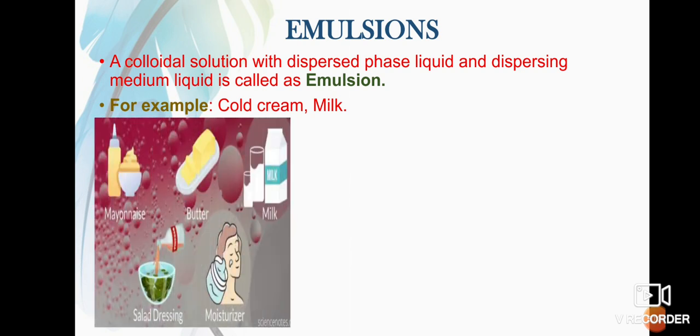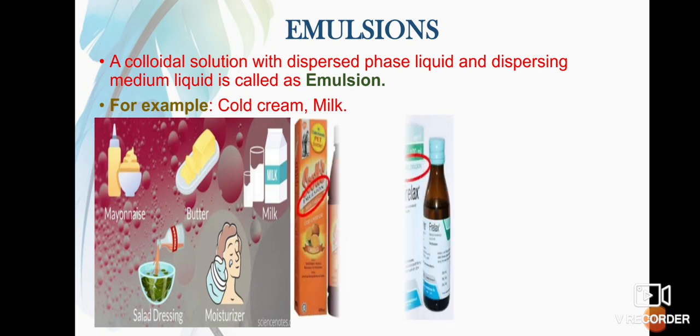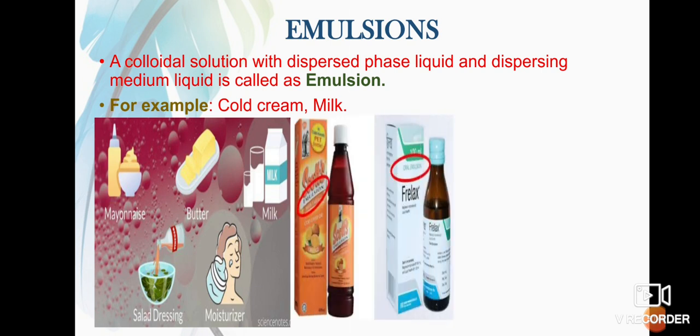See, mayonnaise. Mayonnaise is used to make cakes or one type of chocolates, all are okay. Then butter, milk, salad dressing, everything comes under emulsions. Moisturizing, here in the syrups also we got the word emulsion.